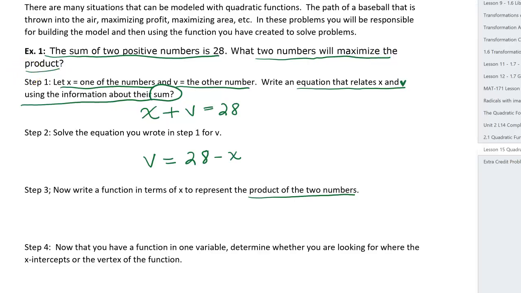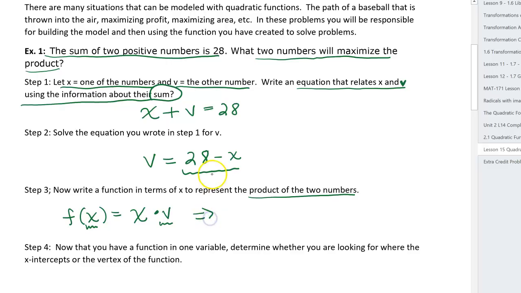So f of x is equal to one of the numbers is x, and the product would be times v. But if this is a function of x, I only want to have x as a variable. So I know that v is equal to 28 minus x.